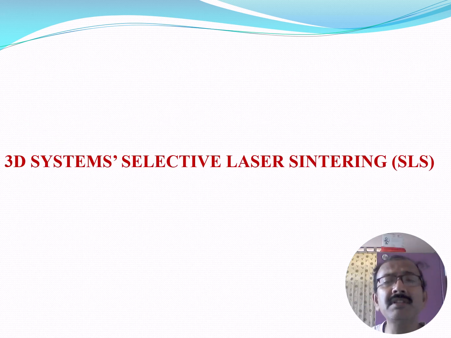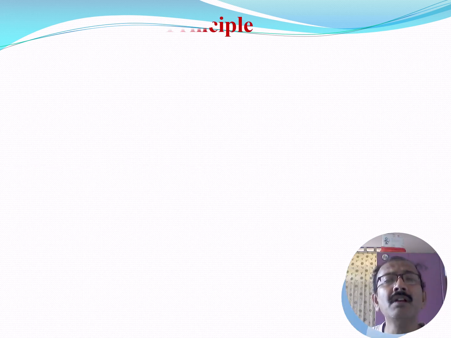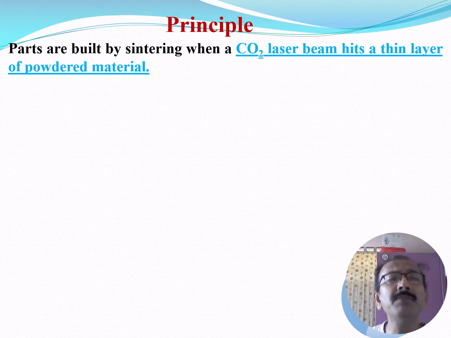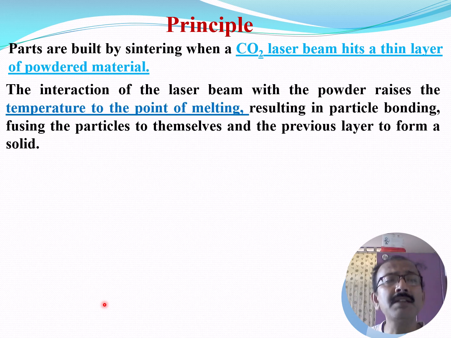Now 3D Systems selective laser sintering, that is SLS. What is the principle? The parts are built by sintering when a carbon dioxide laser beam hits a thin layer of powder. The interaction of the laser beam with the powder raises the temperature to the point of melting, resulting in particle bonding, fusing the particles to themselves and to the previous layer to form a solid.